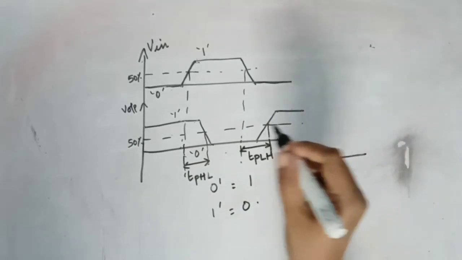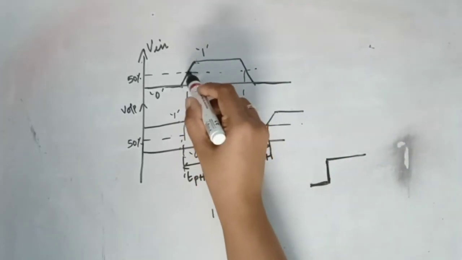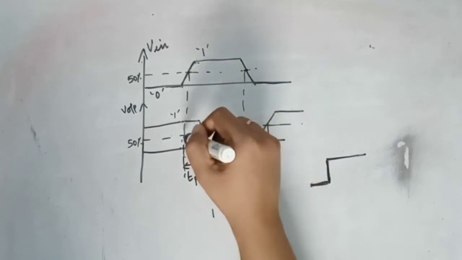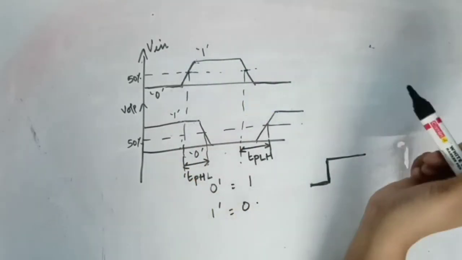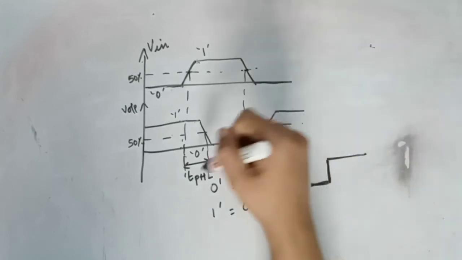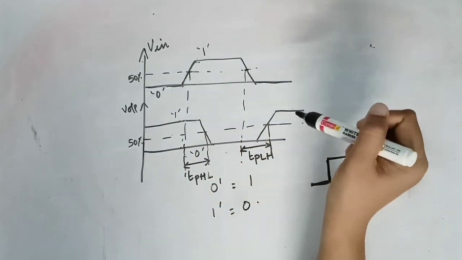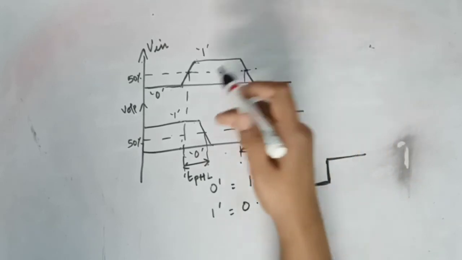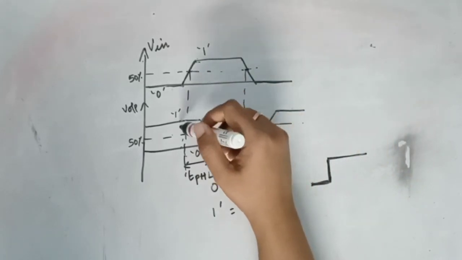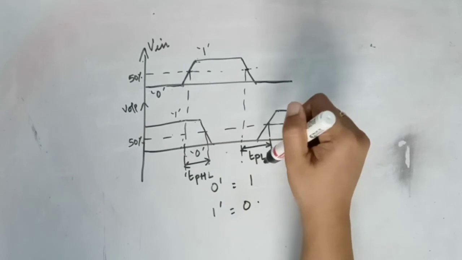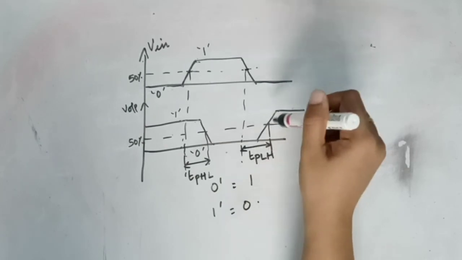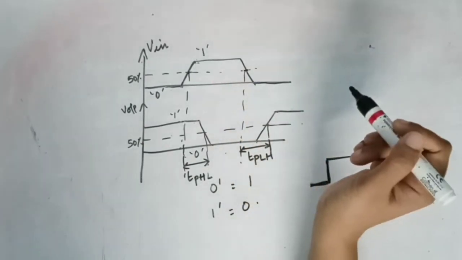These are calculated at 50% values of the high of the input and the output. Those are called TPHL and TPLH, propagation delay. The time it takes for the output to change from high to low and from low to high when there is a change in input.